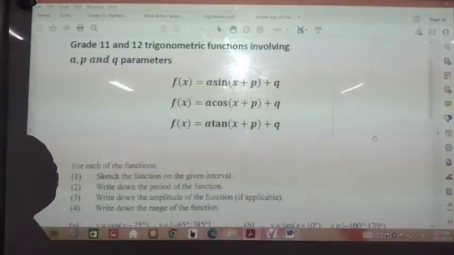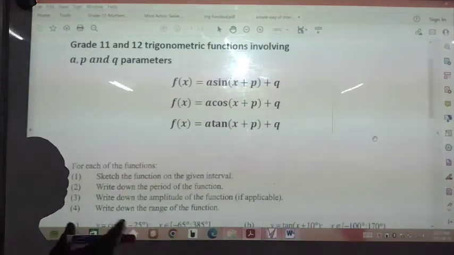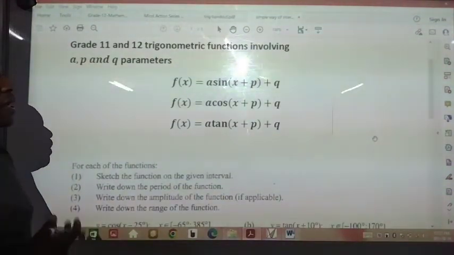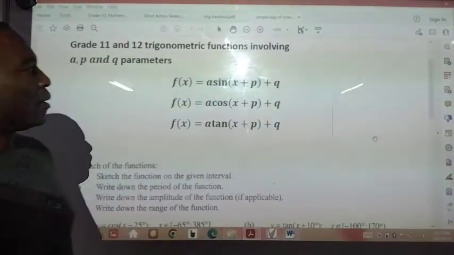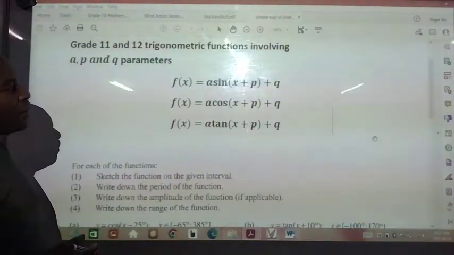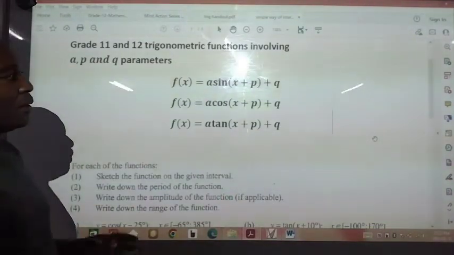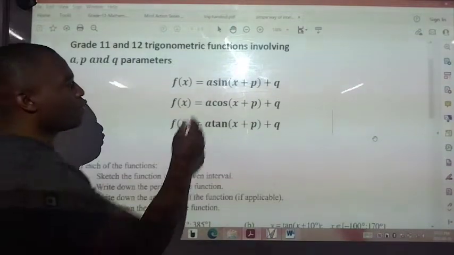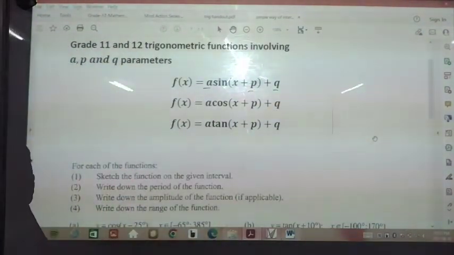Today we want to focus on trigonometric ratios, which involve the A, P, and Q parameters. We need to look at the effect of each of these parameters.